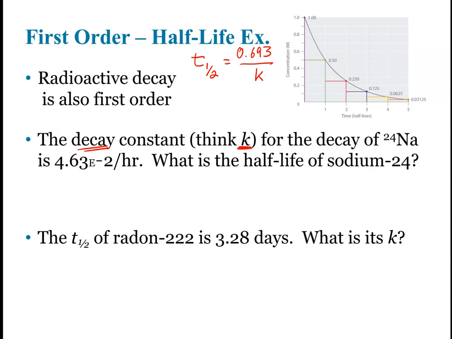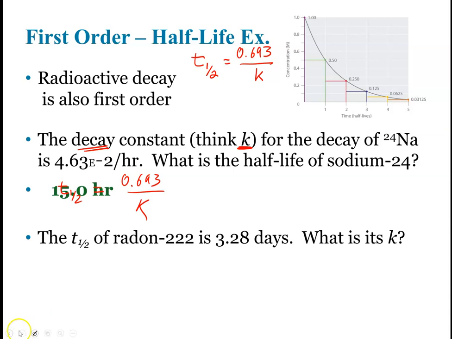So let's look at this question. The decay constant for the decay of sodium-24, the radioactive isotope of sodium that has a mass number of 24, is 4.63 times 10 to the negative second per hour. What would the half-life be? Well, t1/2 is simply, thinking of this decay constant as k, 0.693 over k.